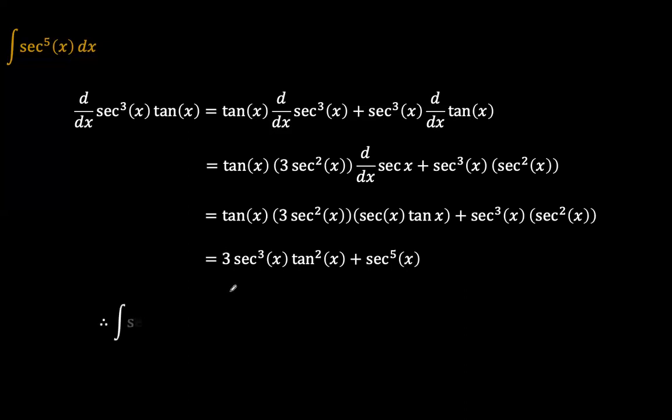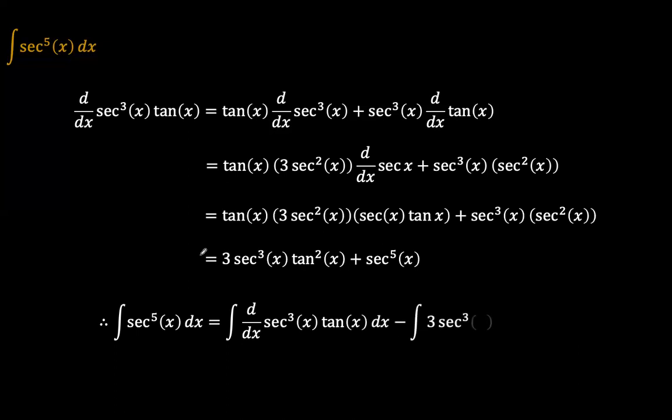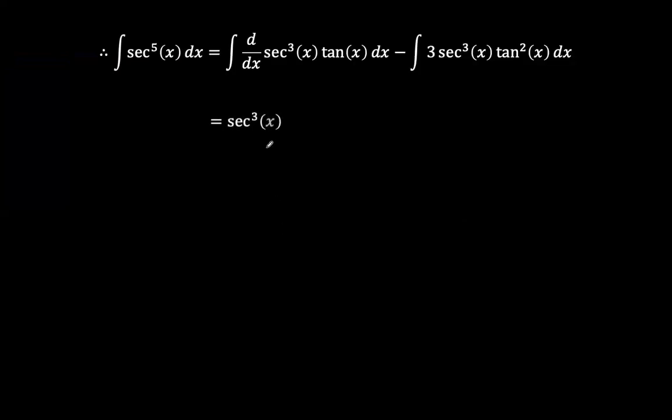What this means is that integrating sec to the power 5x is the same as the integration of the derivative of sec cube x tan x minus the integral of this other component. Since we're integrating the derivative of this, that is just sec cube x tan x minus 3 times the integral of sec cube x tan squared x.